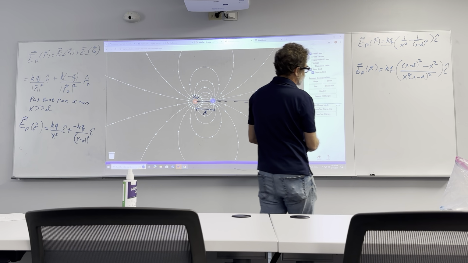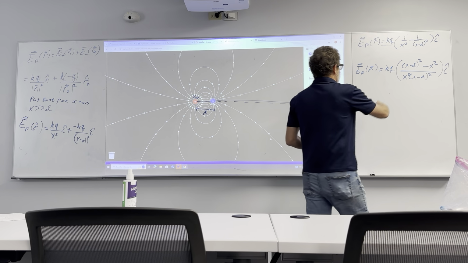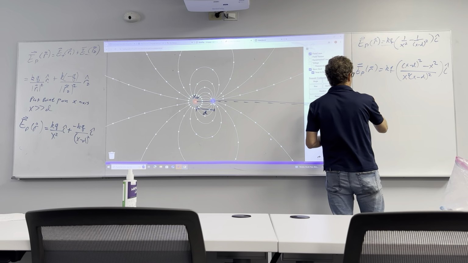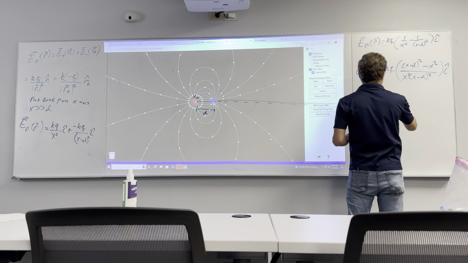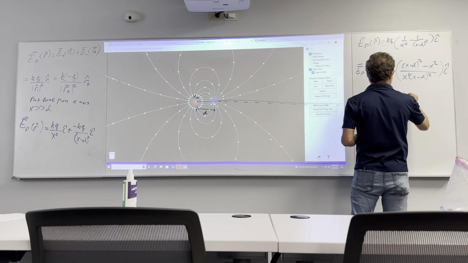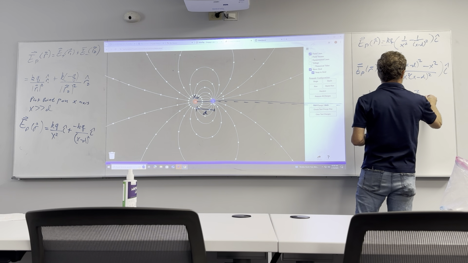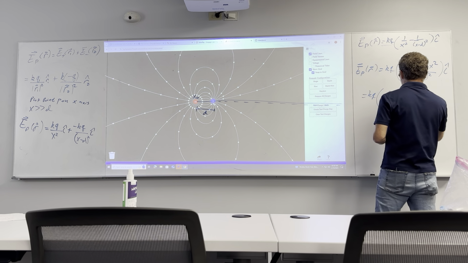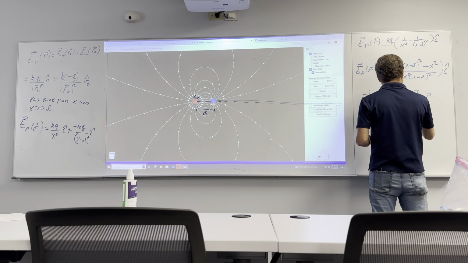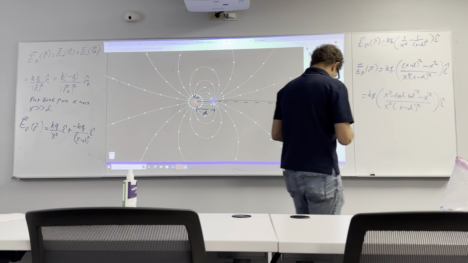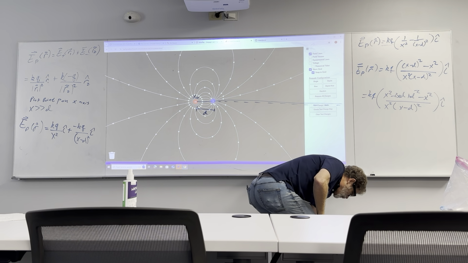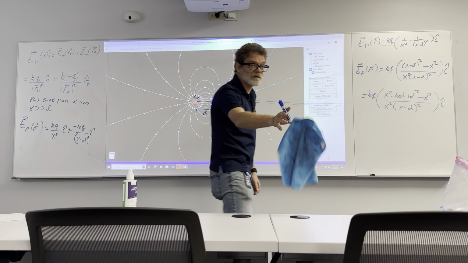Okay, so now I want to simplify the numerator, so I got to multiply this thing out. KQ. So this becomes x squared minus 2xd plus d squared minus x squared all over x squared, x minus d squared times I hat. Okay, what cancels?